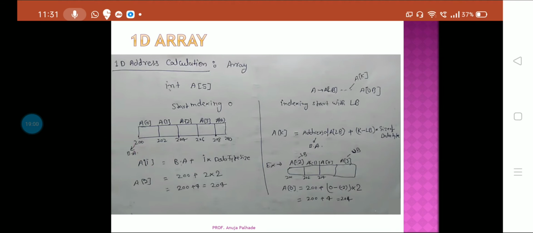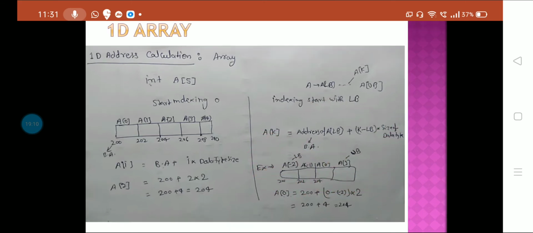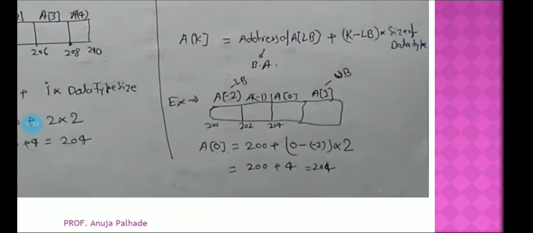Okay. So likewise, you can find any element, even a bigger one. Sometimes you are provided an array which is not 0 indexed and not 1 indexed. You are starting here from -2 indexing, then -1 indexing, then 0 and then 1.